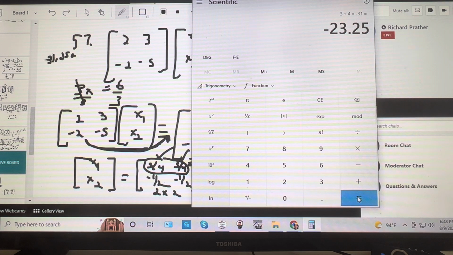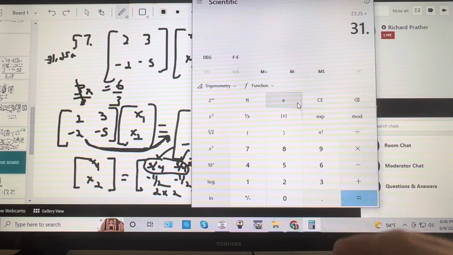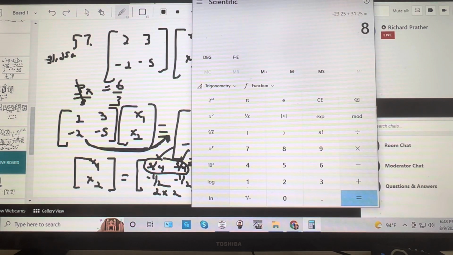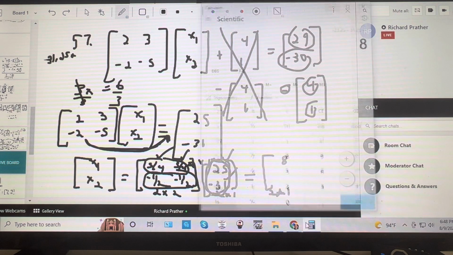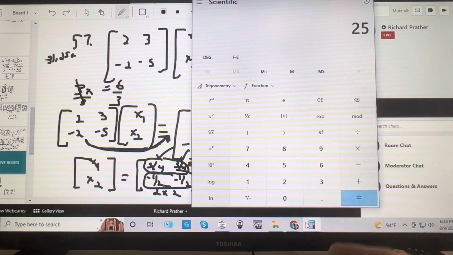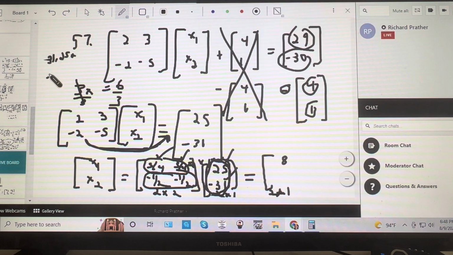is negative 23.5. So now add that to 31.25, and that's 8. So now do the second row times the only column. Negative a half times 25, or what would be the same as 25 divided by 2, negatively. Negative 12.5.